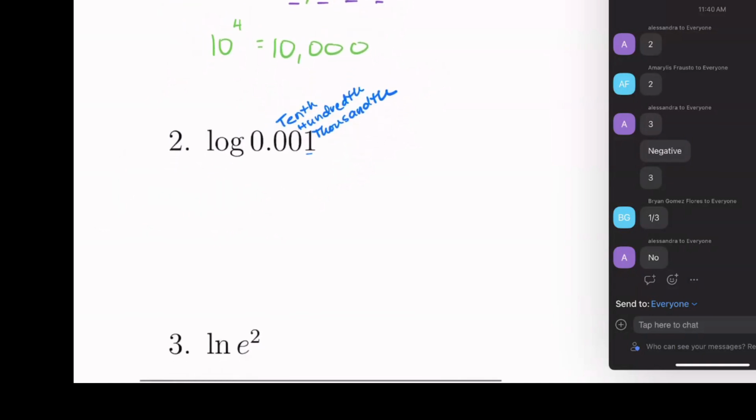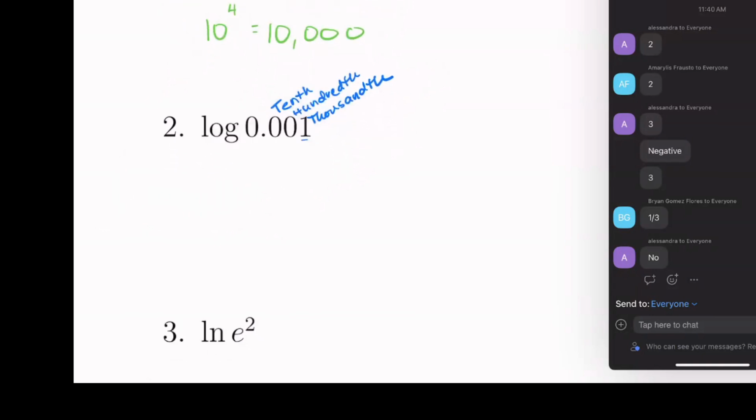So this means 10 to what power equals 1 over 1,000, which gives us 10 to the negative 3. So y is negative 3 here.